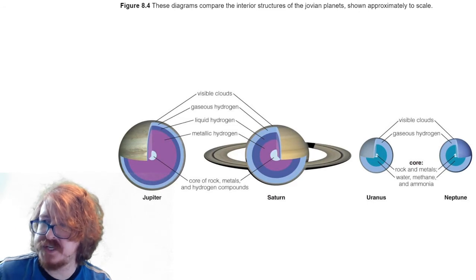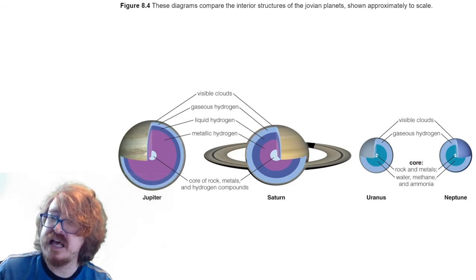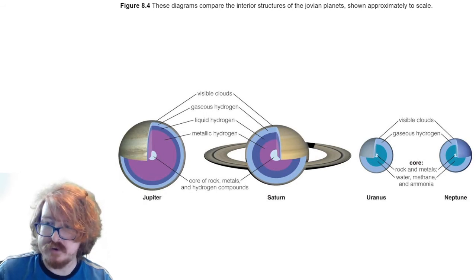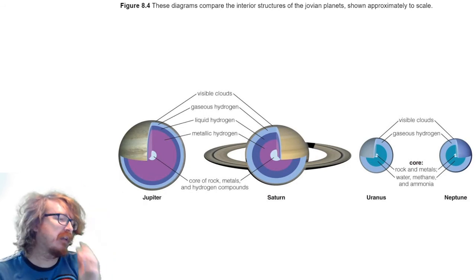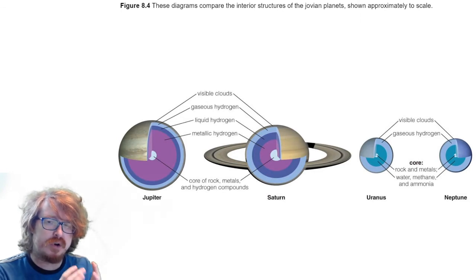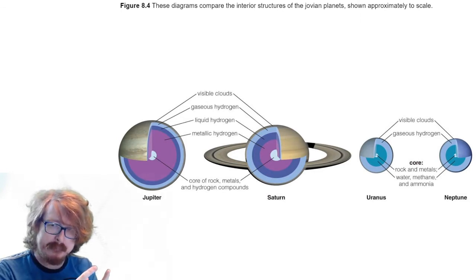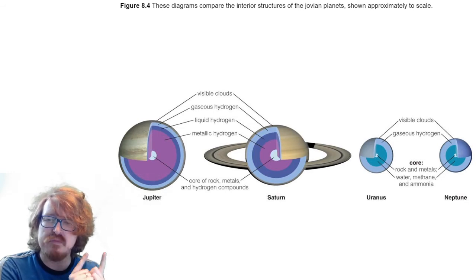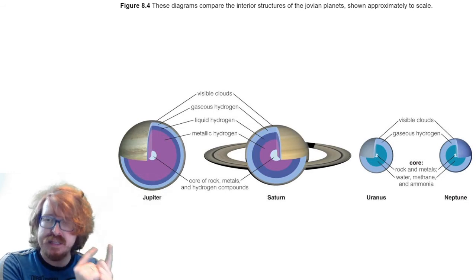That is correct. There is less gravity on Saturn. So basically, the interior levels of Jupiter and Saturn are the same, but because Jupiter has a higher gravity, it has more metallic hydrogen in its ocean.